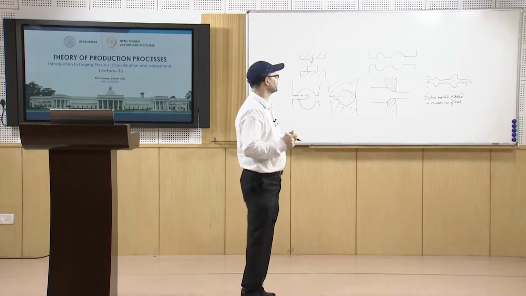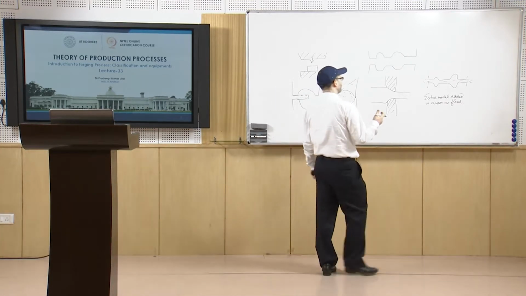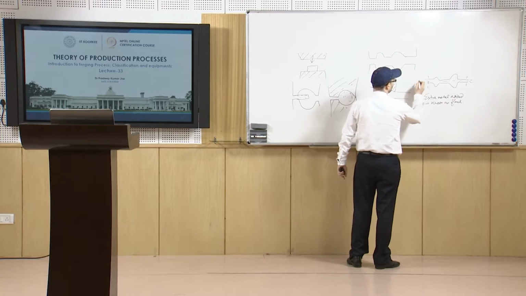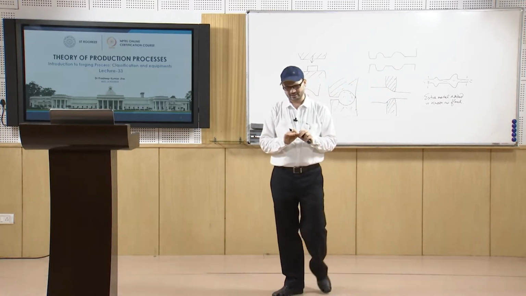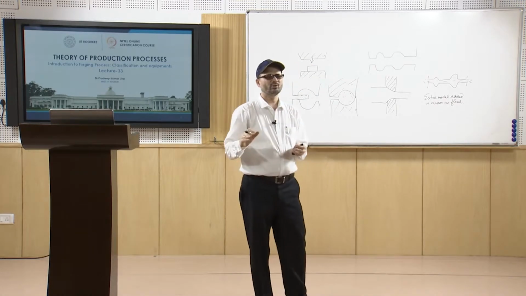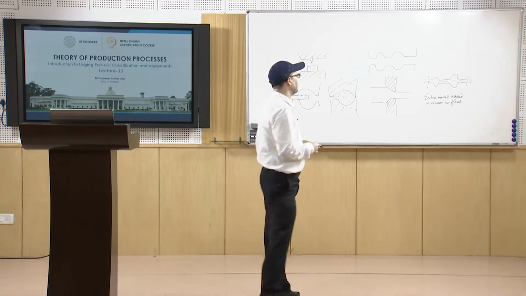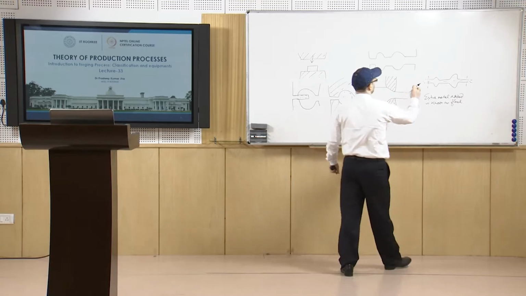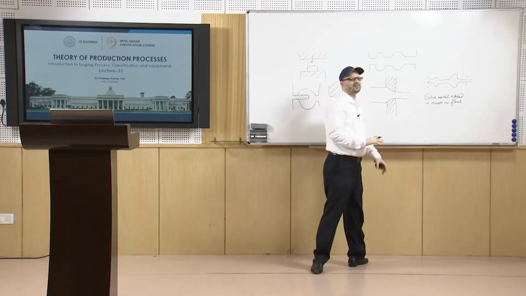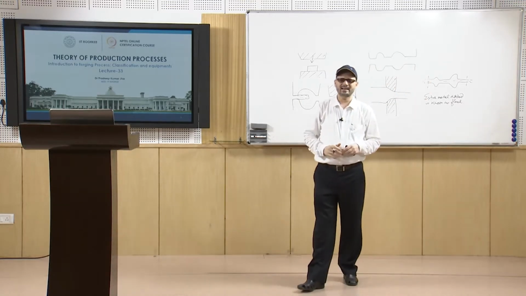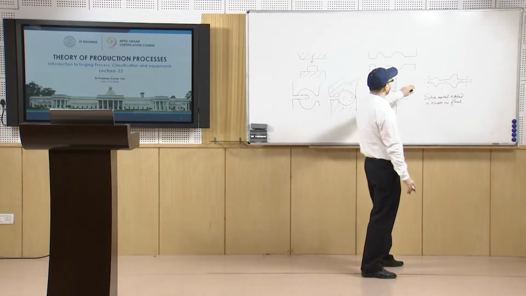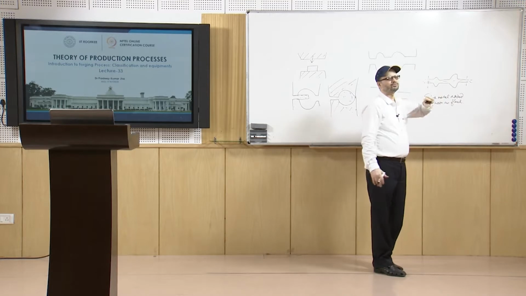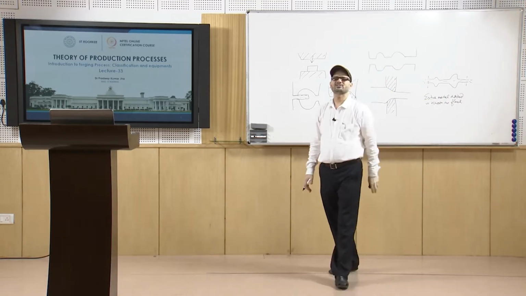Now, when this flash comes out, it is a thin ribbon type. So, the heat transfer will be rapid, and it will try to spread, but we have to try to prevent its spread.